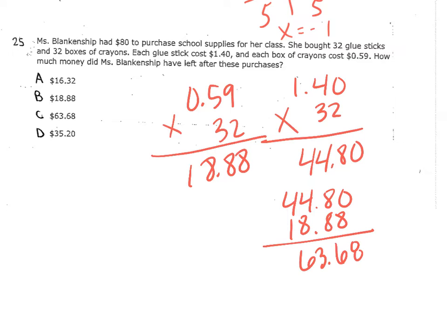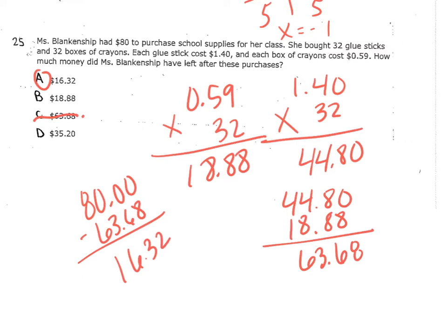And we're going to subtract that from 80. Look, there's a distractor in there. Oh, I already got that answer, but that's not it. Okay, it's going to be that right there. 80 minus 63.68 is 16.32, which is answer choice A.